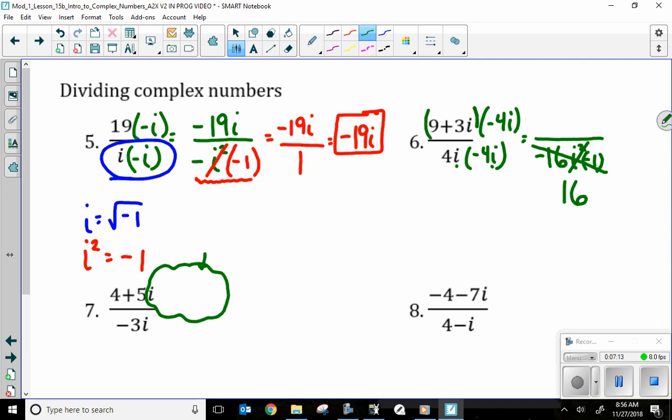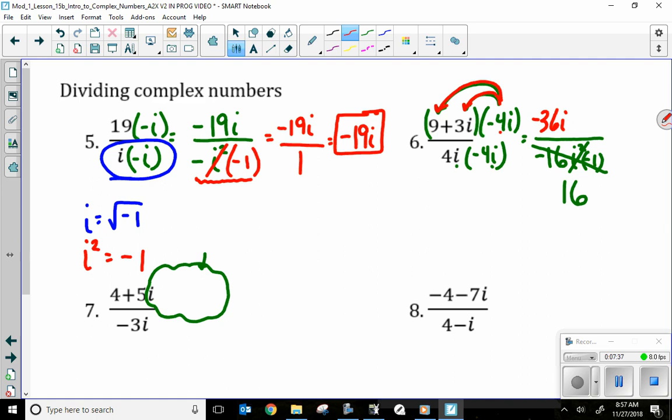Now be careful with the top, because you have a binomial, or you have 2 terms here, which means you have to distribute my negative 4i to both terms. So let's start out by multiplying negative 4i times 9. That's negative 36i. Okay? And a negative 4i times a positive 3i.